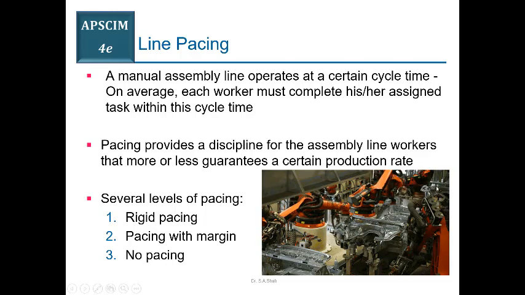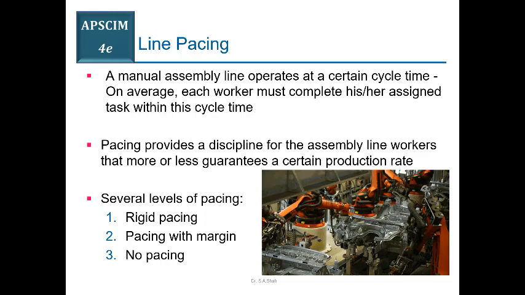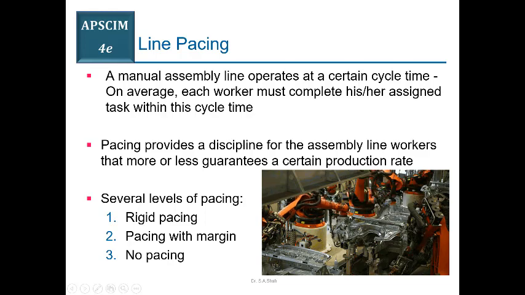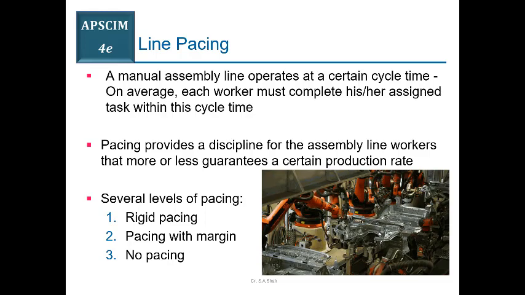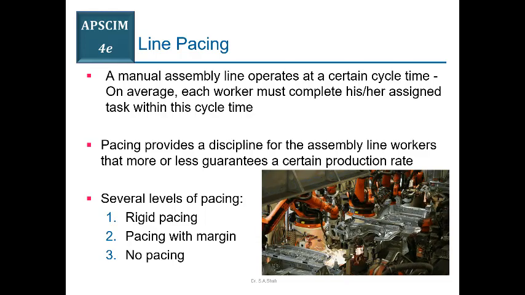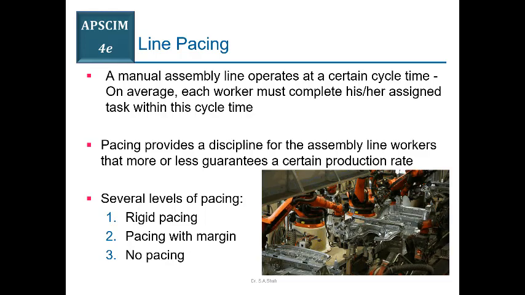So the base component will come on to that particular area, एक वर्क स्टेशन पे आएगा, and let us say if the cycle time is 5 minutes, so each worker must complete their task within that 5 minutes.